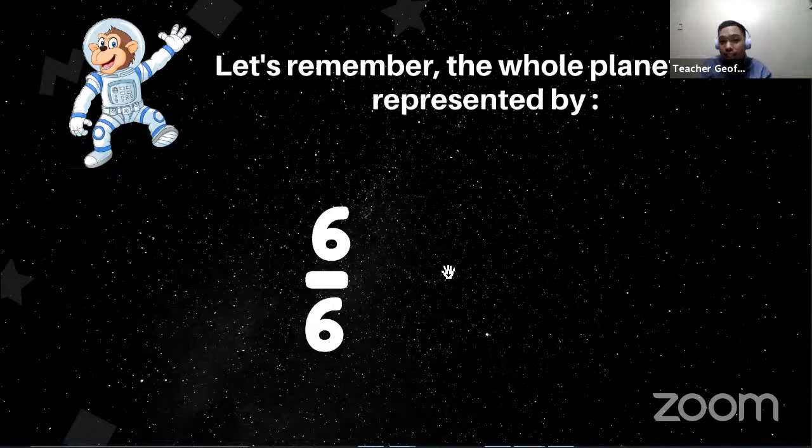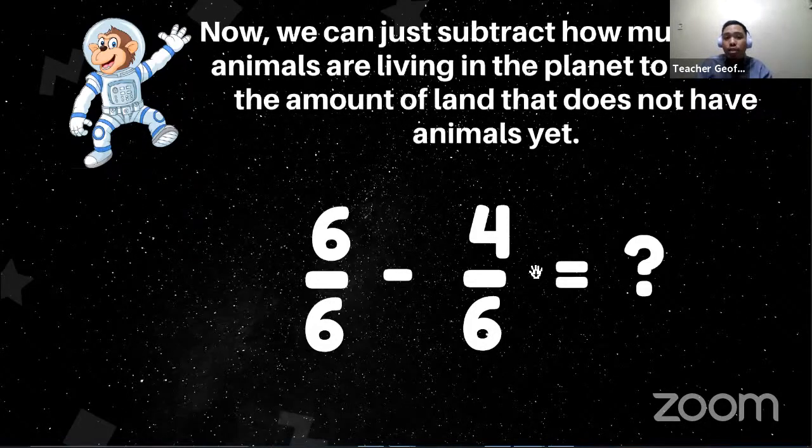Now, as Jillian mentioned to us, we have water animals living in 4/6 of the planet. What we just need to do is subtract 6/6 minus 4 over 6 in order to determine what part of the planet is still not inhabited by animals.